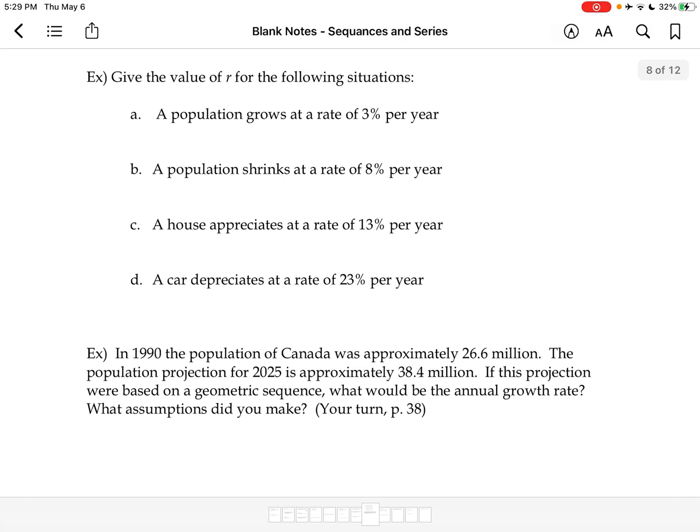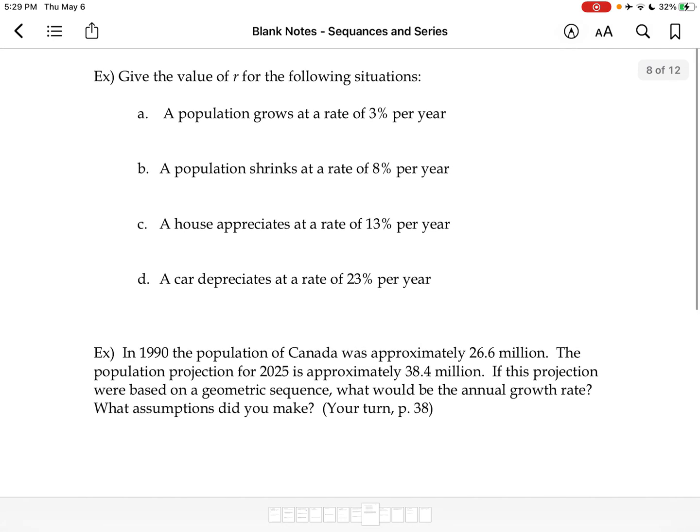Okay, so what would the R values be for the following situation? So let's suppose a population grows at a rate of 3% per year. Okay, well, if a population grows at 3% per year, then the population the following year is actually going to be 103% of what it was before, because it's still going to maintain the 100% population what it was, and then it's going to gain an extra 3 people.